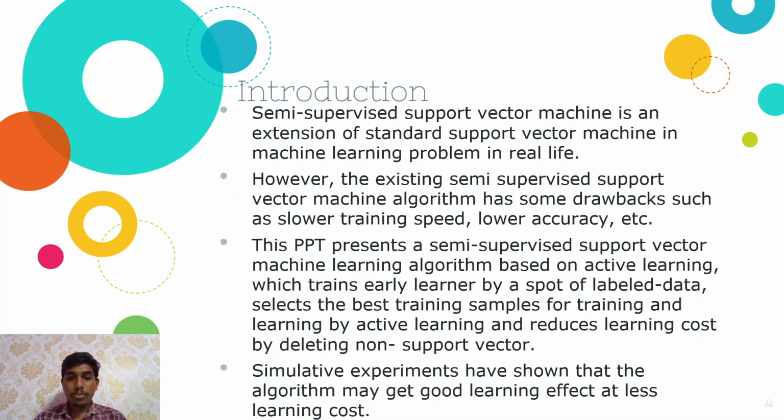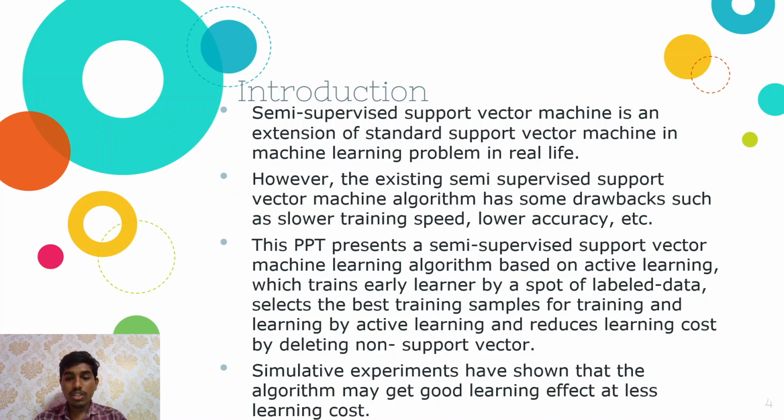This PPT presents a semi-supervised support vector machine learning algorithm based on active learning, which trains an early learner with a small set of labeled data, selects the best training samples for training and learning by active learning, and reduces learning cost by deleting non-support vectors.